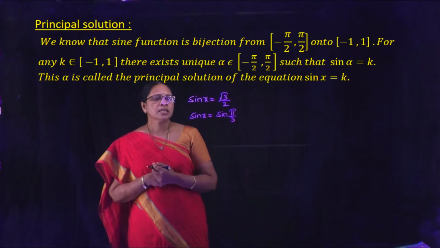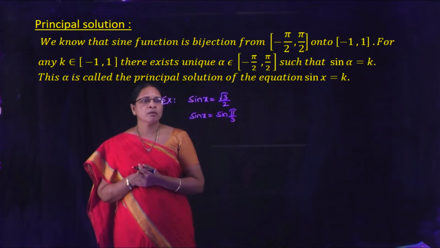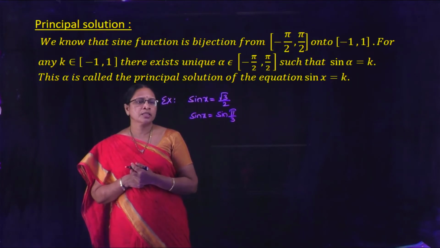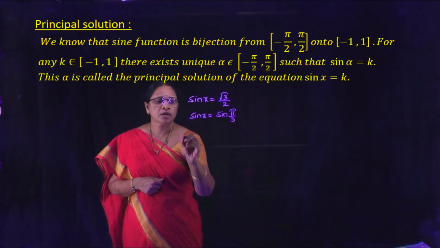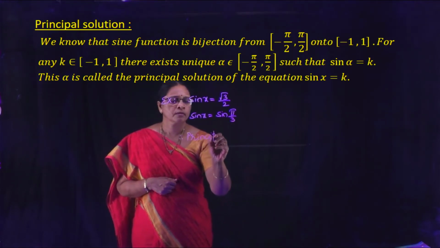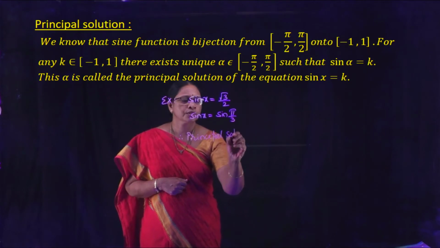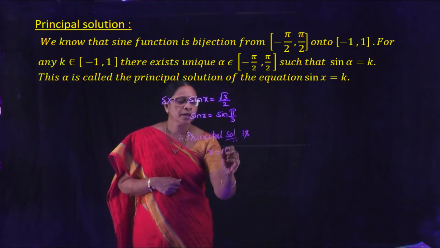Here x equal to pi by 3 lies in the principal domain of the sine function, that is minus pi by 2 comma plus pi by 2. Therefore, the principal solution is x is equal to pi by 3.